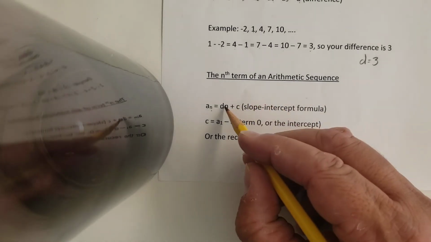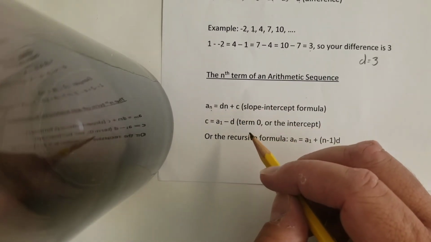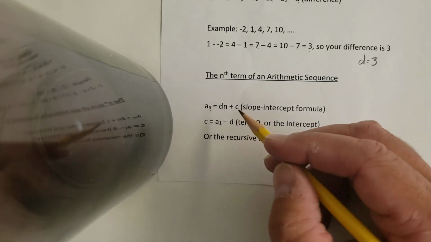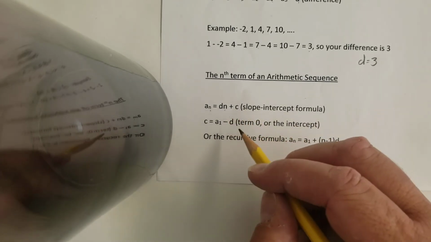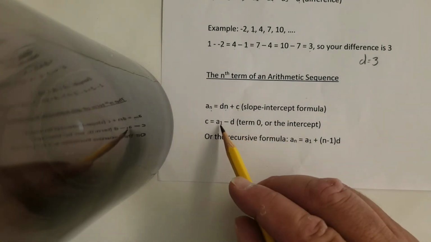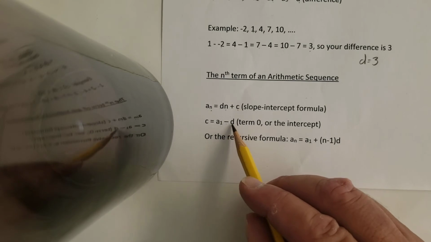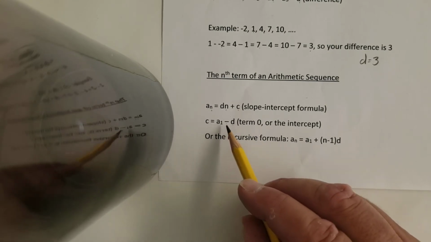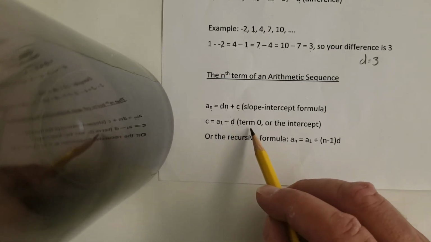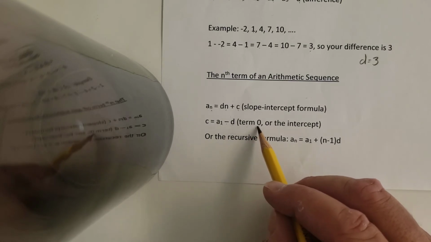All right, this difference is essentially your slope. You're going up or down the same amount every term. And this c is equivalent to your y-intercept. Okay? It's actually your first term minus your difference. So if you take the difference away from the first term, you're actually looking at what I call term 0.